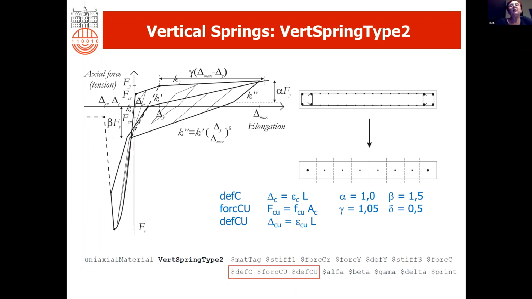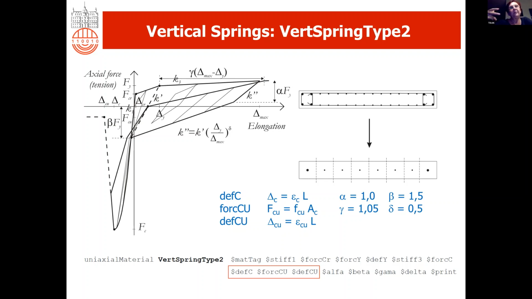Before that, I would like to say that in 2005, a new material was added, the vertical spring type 2 material, actually to be able to take into account the reduction of the compressive strength, so to have the deterioration of the forces in this spring.